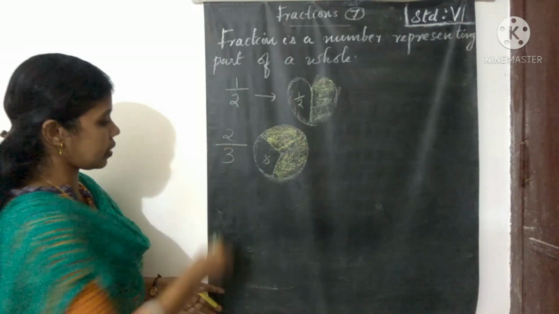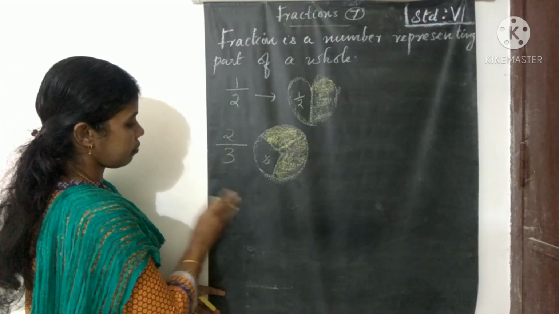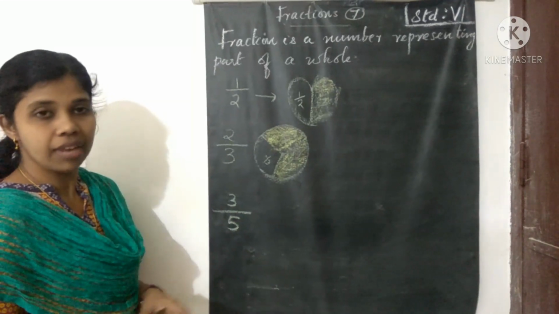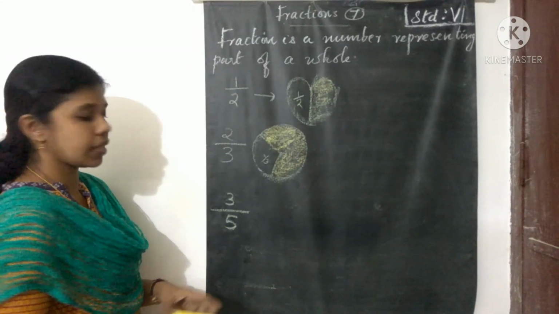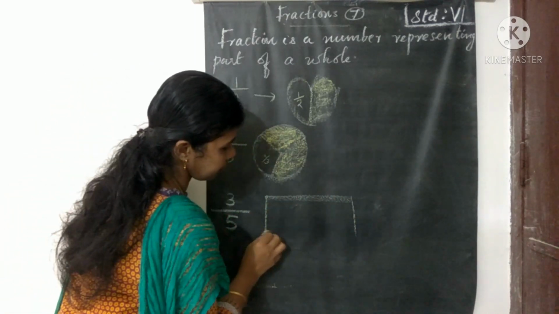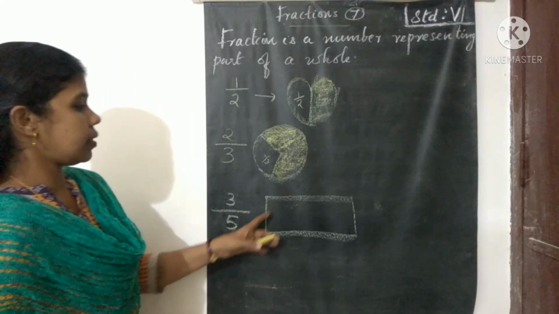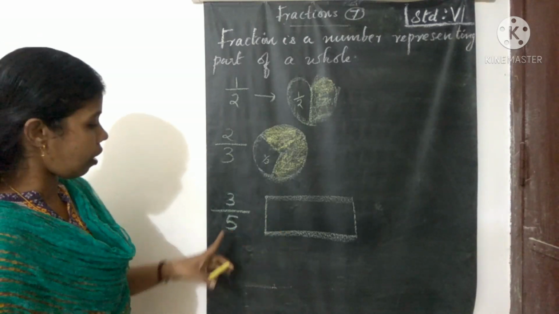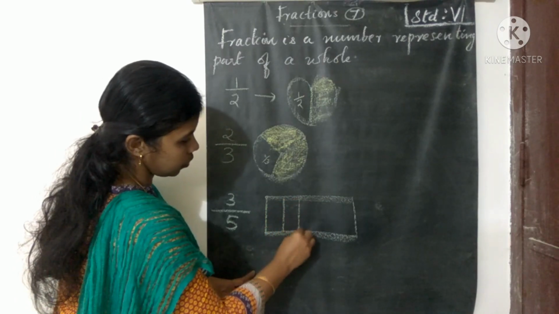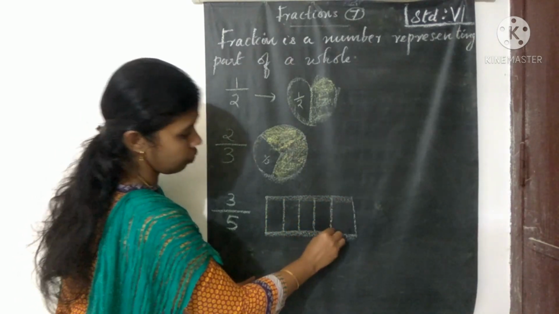Then how can we represent the fraction 3 by 5? Here I draw one chocolate bar. Then that chocolate bar is divided into how many equal parts? 5 equal parts, 1, 2, 3, 4, 5.